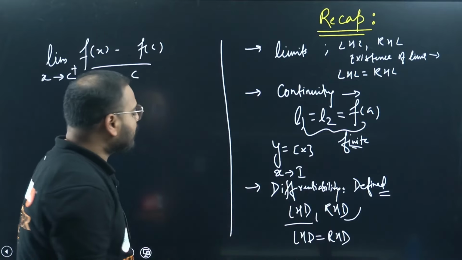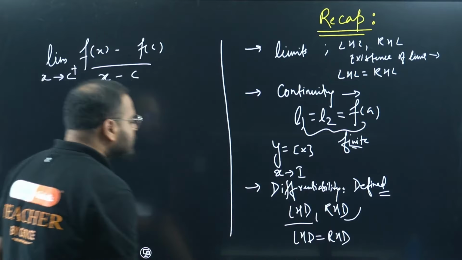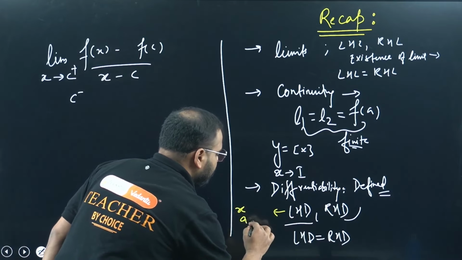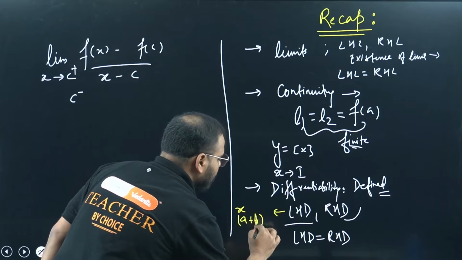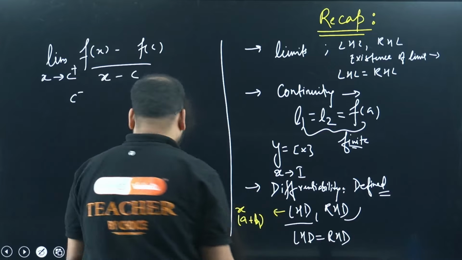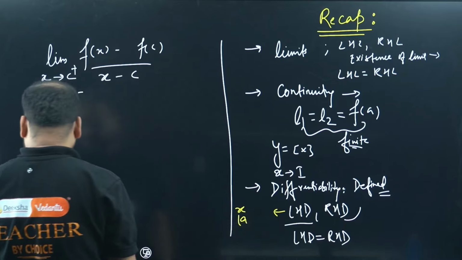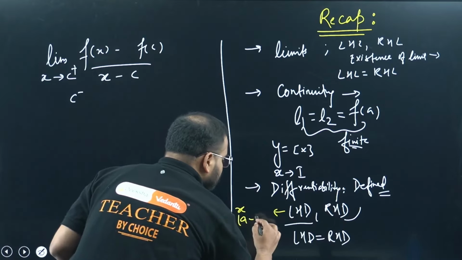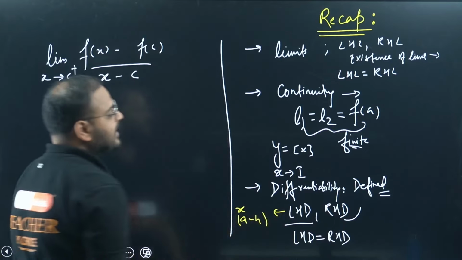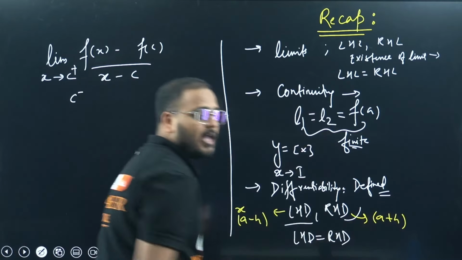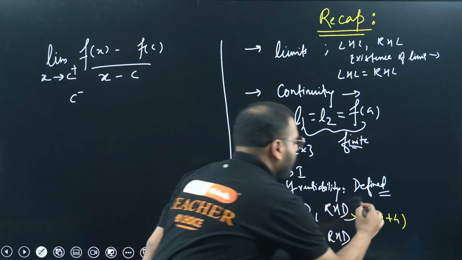For LHD, we used to substitute x as a minus h, and for RHD we used to substitute a plus h. Sorry, my mistake, forgive me, sir.